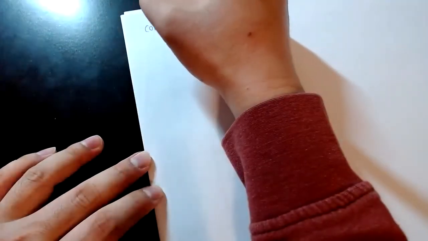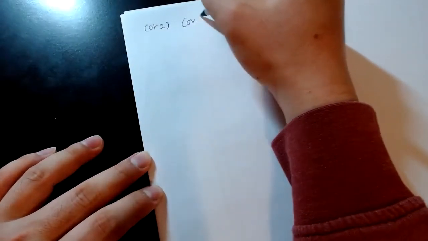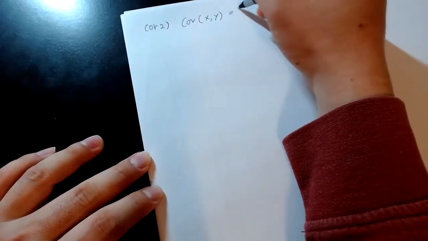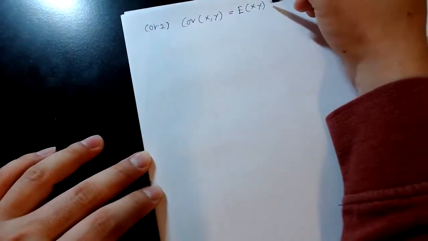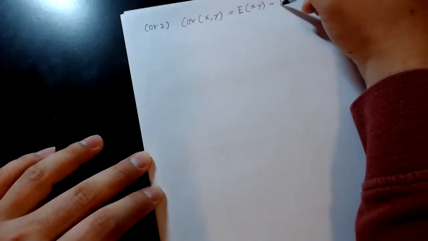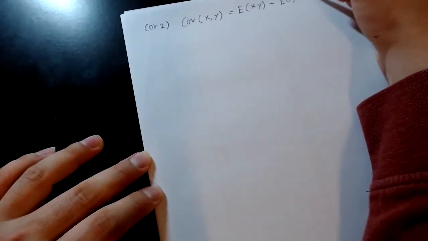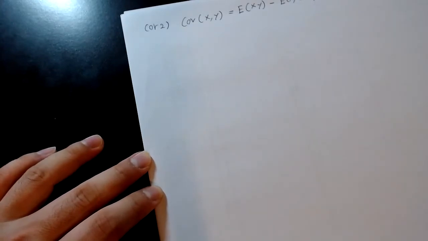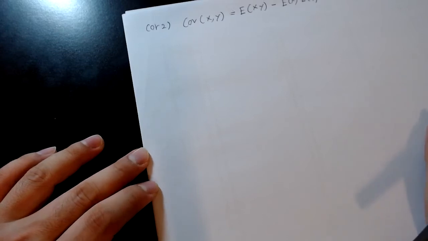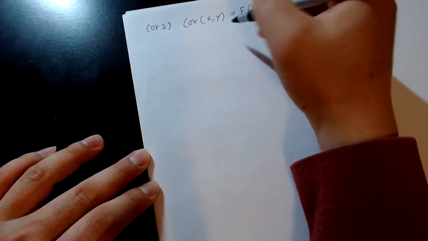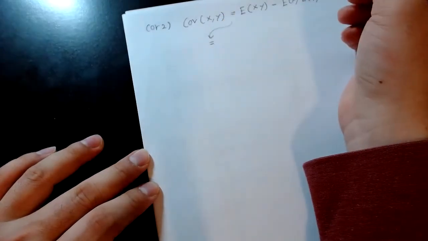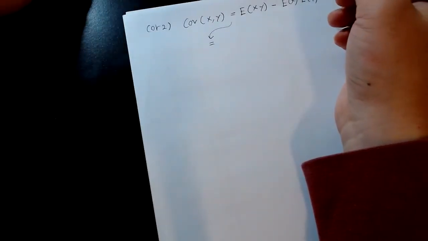So the second corollary is this. Two: the covariance of X comma Y is equal to the expected value of XY minus the expected value of X times the expected value of Y. Now we use corollary one.